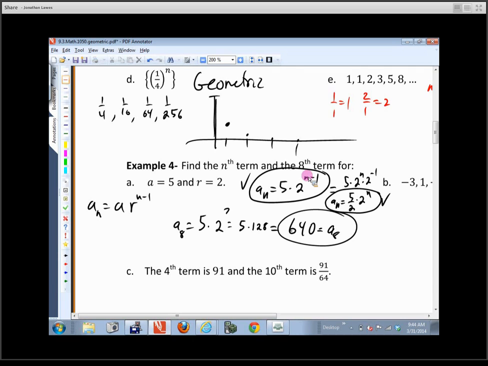Instead of adding n-1 common differences, you're going to multiply by n-1 common ratios. Yeah, you end up with a fraction, which isn't so nice, but at least you don't have a negative in the exponent. I prefer this one right here. I don't care which one you use, but I think this one is much easier to understand and work with in the long run. Okay, any questions? Okay, two more.